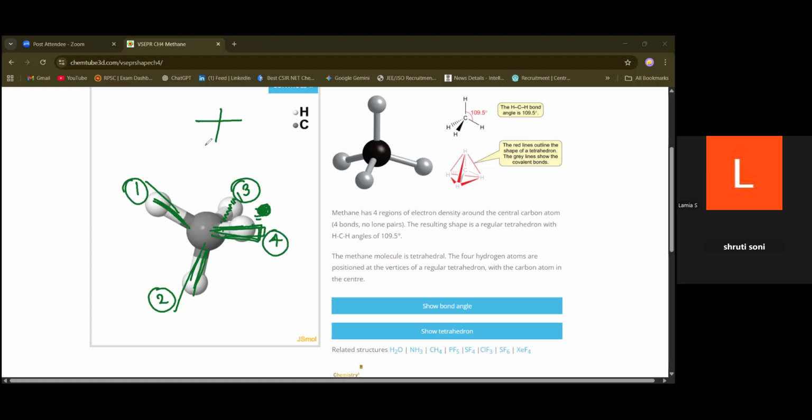Which is on the top side? One. Now you understand why I'm using one here, then two, then three here, and four. Oh, this is tetrahedral, right? Yeah, this is tetrahedral.